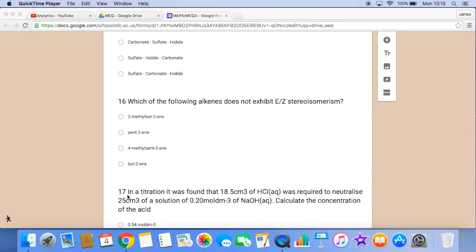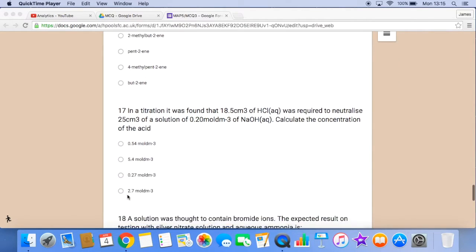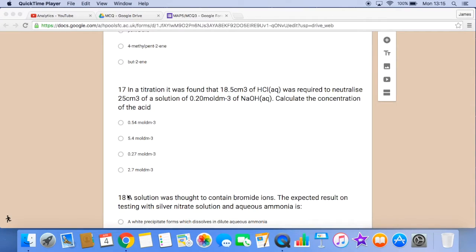16, which of the following alkenes does not exhibit E/Z stereoisomerism? Number 17, in a titration, it was found that 18.5 cm³ of HCl was required to neutralise 25 cm³ of 0.20 mol per dm³ sodium hydroxide solution.